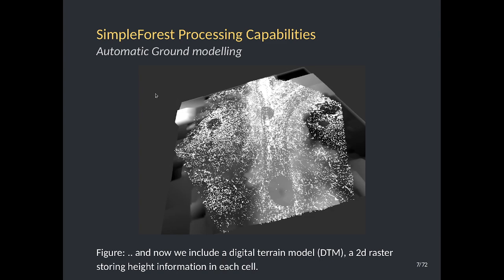We can fit a DTM. A DTM is a 2D image, and each raster cell contains height values. At the border there are quite large cells, but here the resolution is a lot more refined. And we can see here on the ground points the digital terrain model is blended in as well.